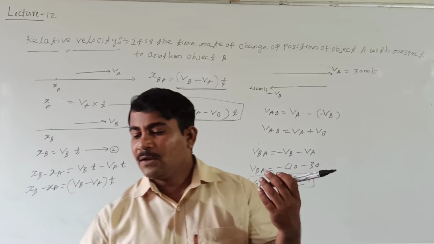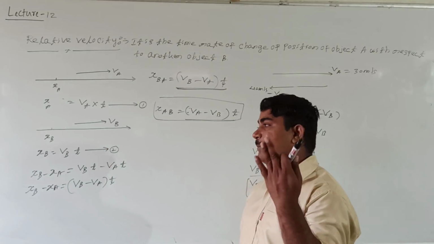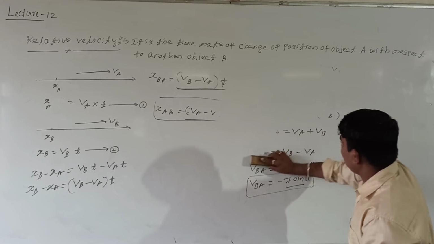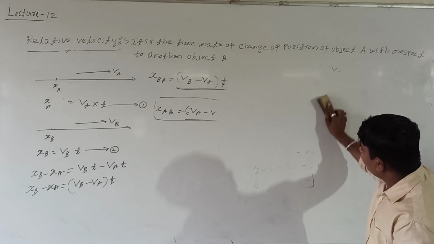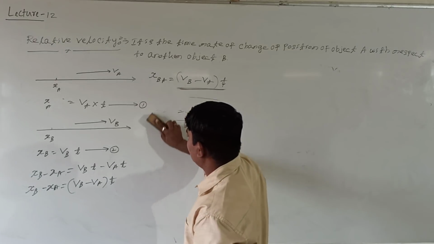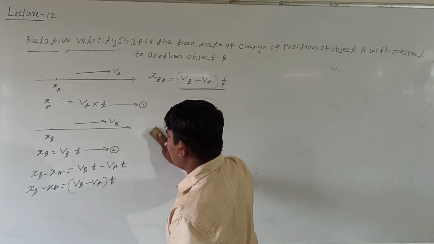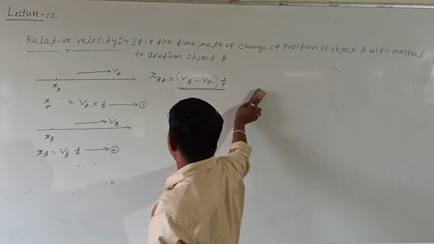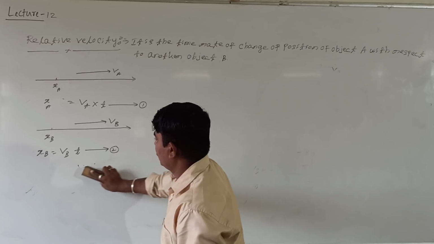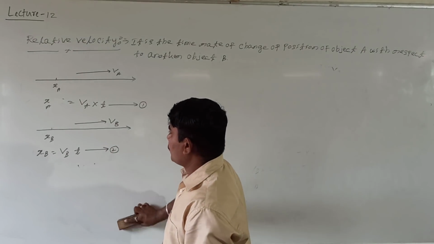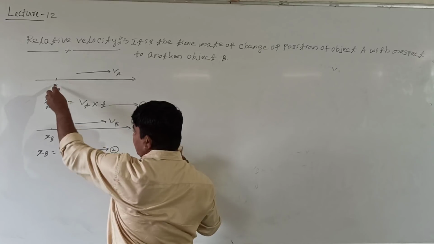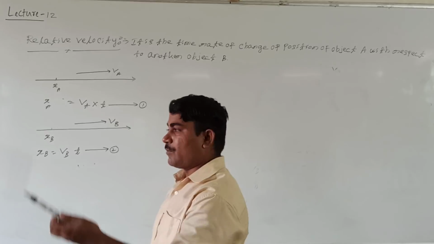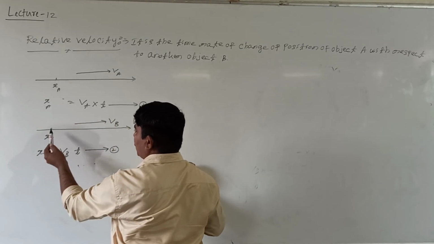Right. Then for different velocities, we will take the position time graph. How to take the position time graph for the relative velocity? Look at me. See here. Two bodies are moving from the same position, XA and XB.